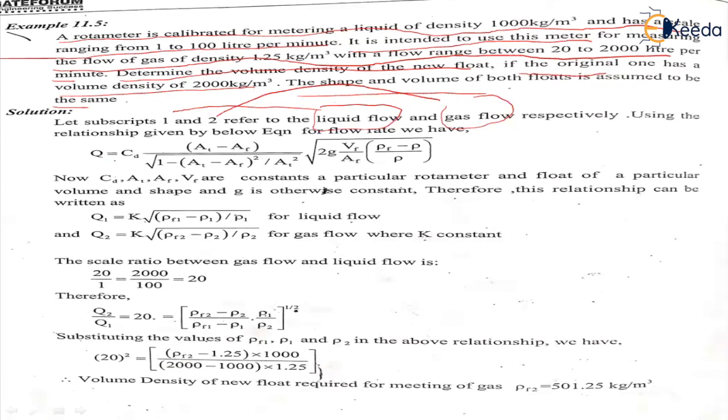Generally, what is the expression? I told you Q equals a function of all the parameters. All other parameters remain unchanged, so between these parameters, take this one. So Q1 equals this, which I am going to call constant K. Therefore, Q1 equals K into the root of (density of float rho F1 minus rho1) by rho1, that is for liquid.